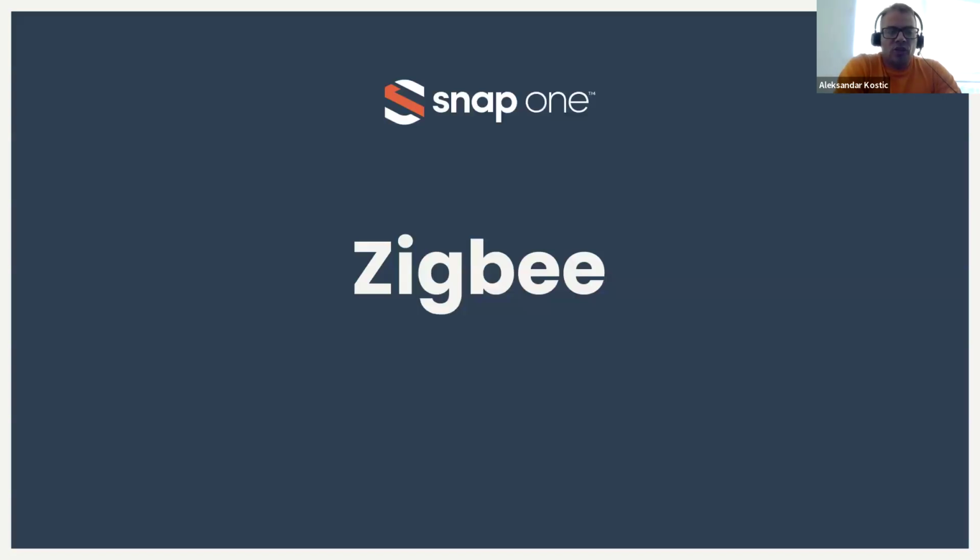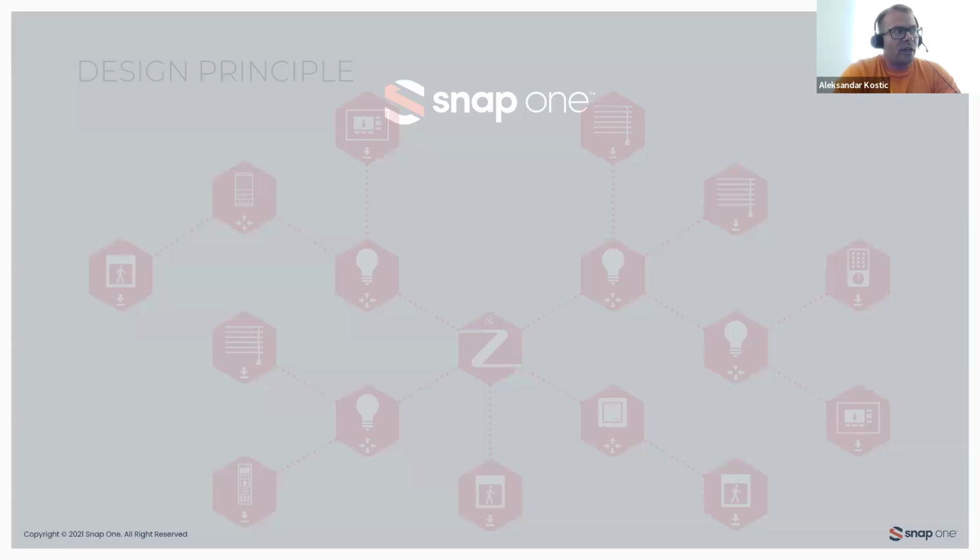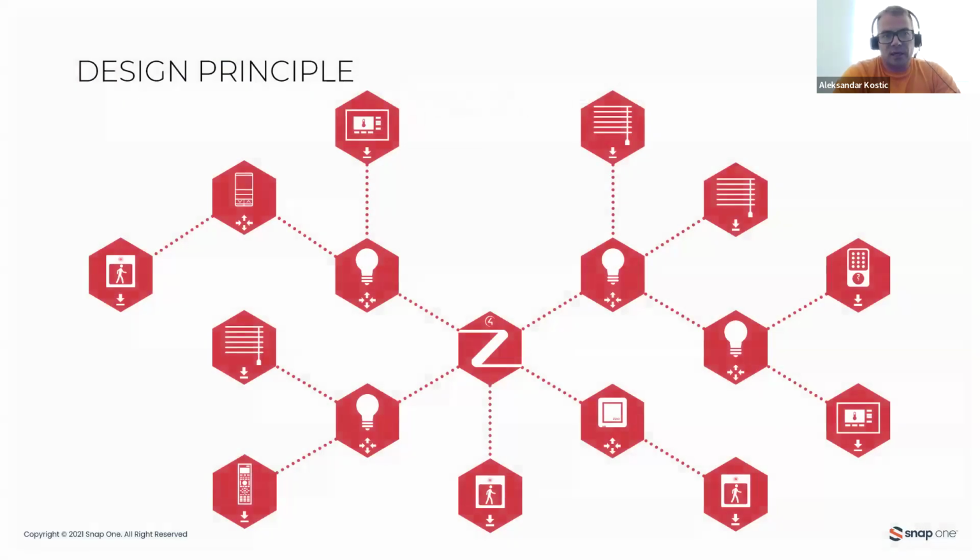So everything that stands for any wireless connection like Wi-Fi stands for Zigbee as well. In fact, Zigbee and Wi-Fi operate in the same frequency band, which is 2.4 gigahertz. Just Zigbee as a protocol has some specific characteristics which are different compared to Wi-Fi.